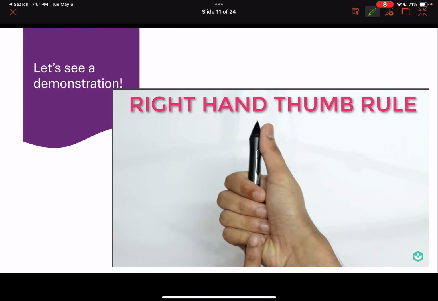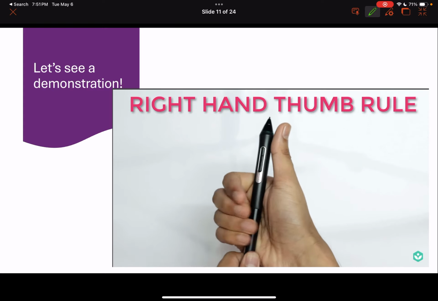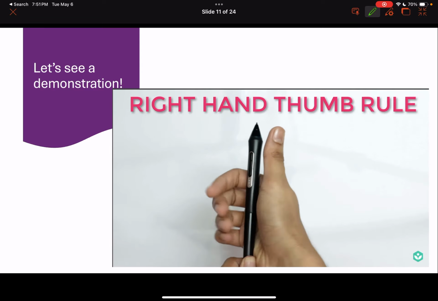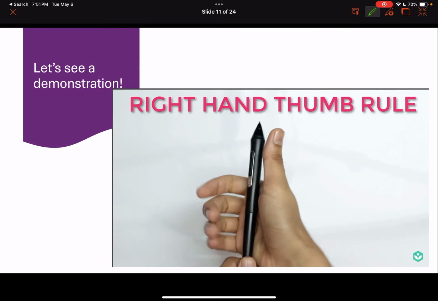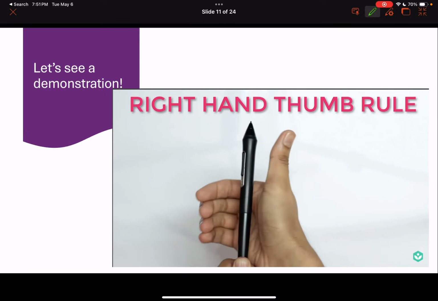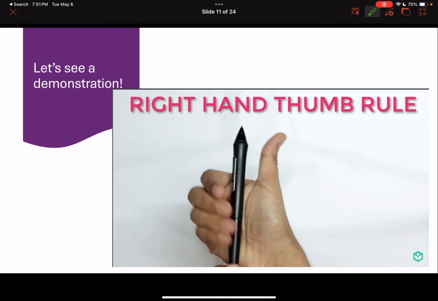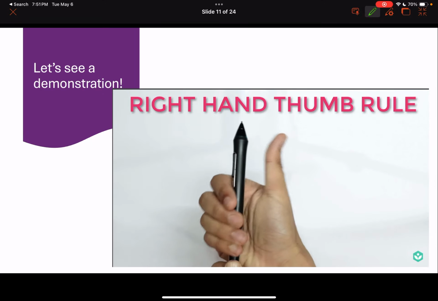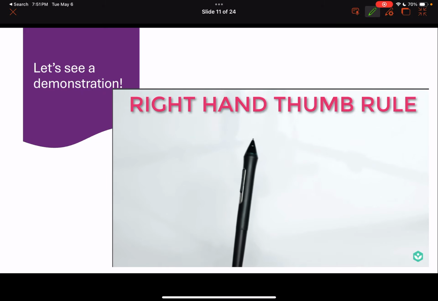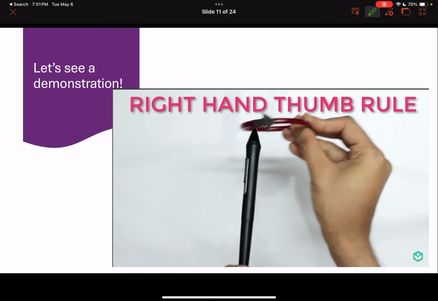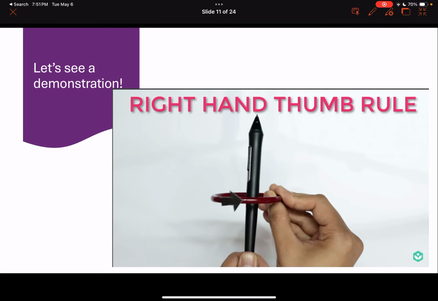Then the four encircling fingers will tell us the direction of the magnetic field. So over here, notice the encircling fingers are telling me that the magnetic field on the top is to the right. And so now I know that the magnetic field has to be this way, so that on the top it's to the right.